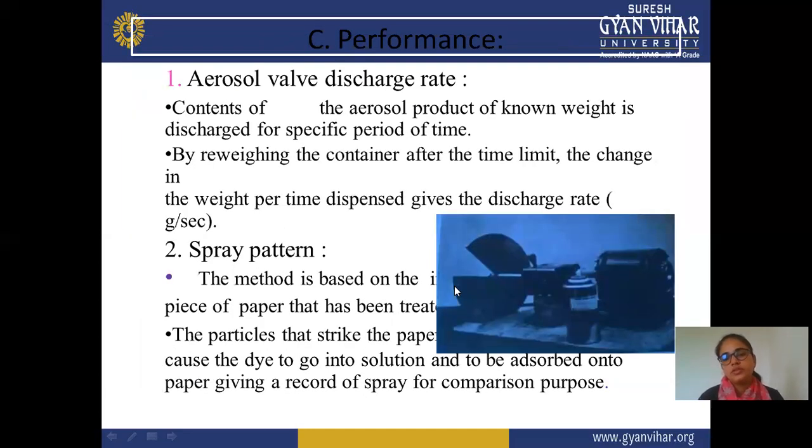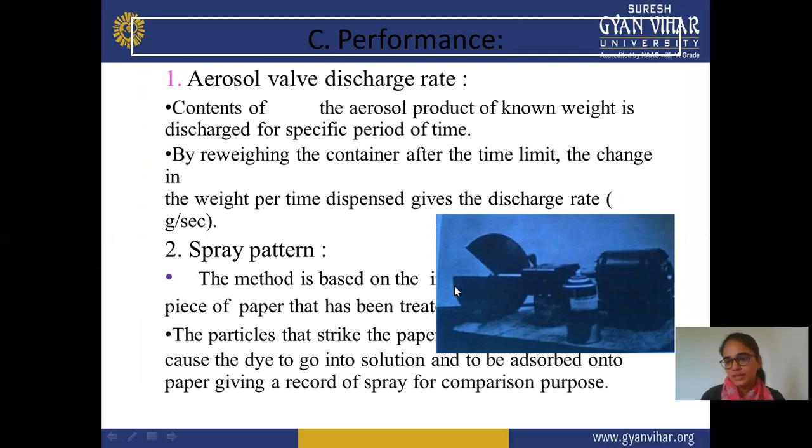first, the content of an aerosol product of known weight is discharged for a specific period of time. Suppose you are applying pressure to your aerosol and a specific content is discharged, and you weigh that discharged material over a specific period of time. Next, you reweigh the container after the time limit, and the weight discharged per unit time gives the discharge rate.